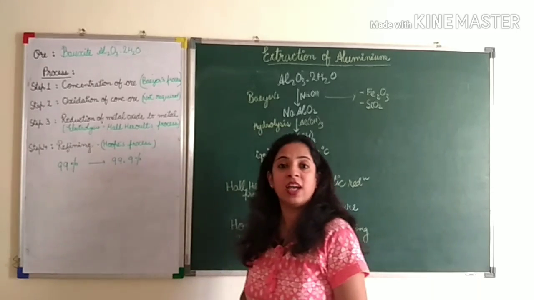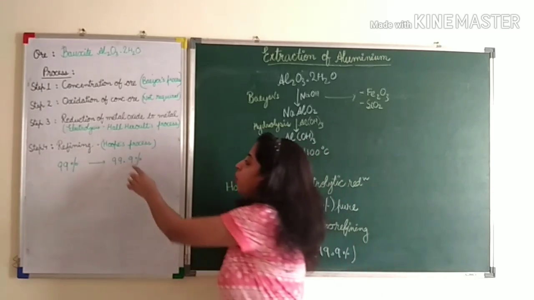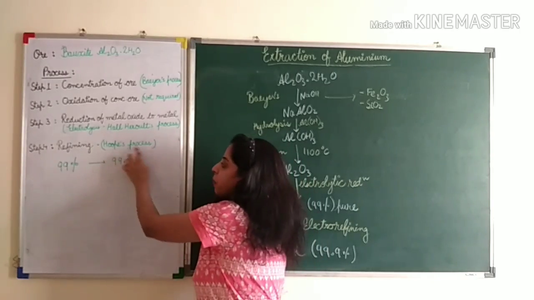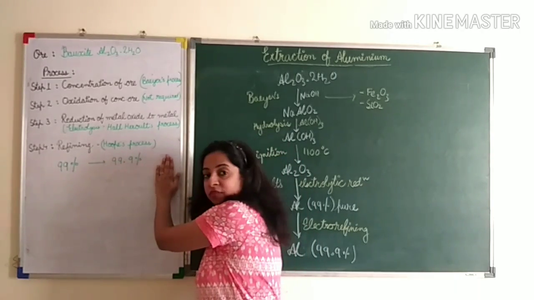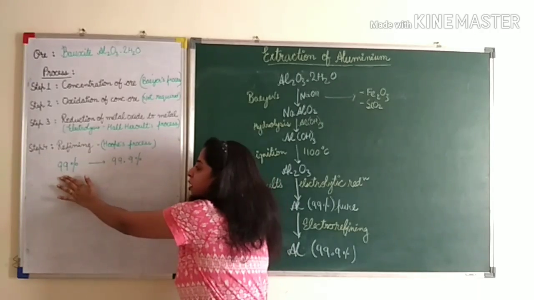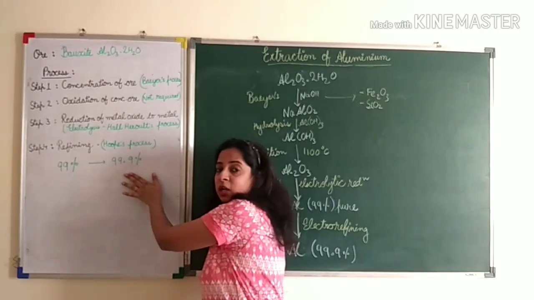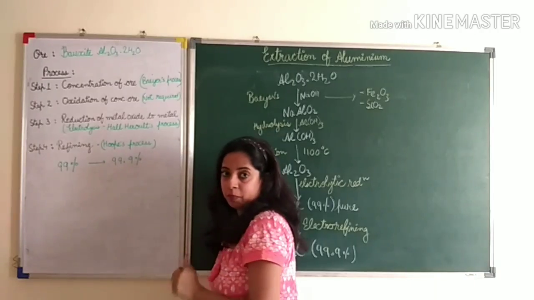But for your ICSE standard 10, Hoop's process in detail is not there. Only the name of the process is there, that this is electro refining by Hoop's process, and it converts 99% pure aluminium to 99.9% pure aluminium.